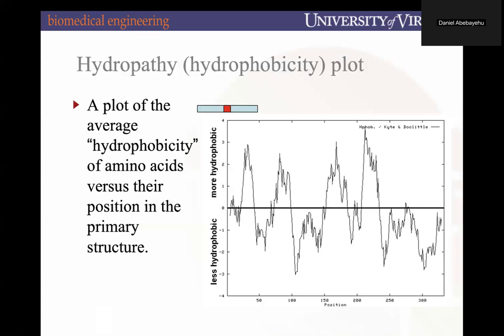The red is at the single amino acid, but these gray sides are also considering the hydrophobicity of adjacent amino acids. So if we're starting at the N terminus of a given protein, as we see it being more hydrophobic throughout the course of the amino acid sequence, it goes up. And then it comes back down and becomes less hydrophobic.